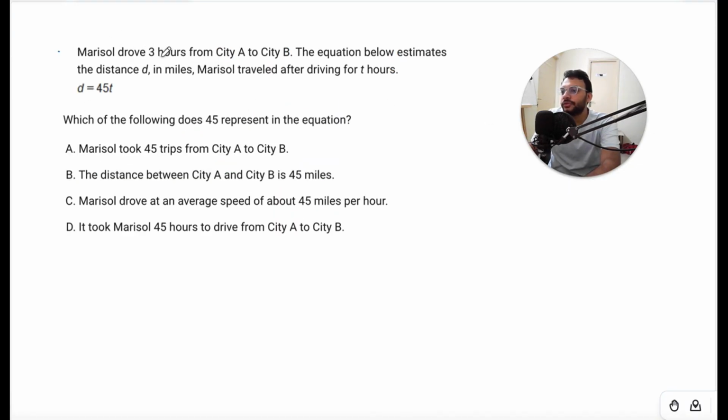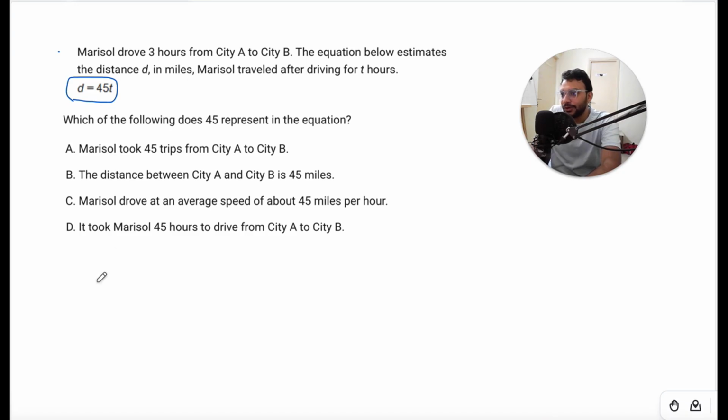Marisol drove 3 hours from city A to city B. The equation below estimates the distance d in miles Marisol traveled after driving for t hours. D is 45 times t. So the distance traveled in miles in t hours is 45t. Which of the following does 45 represent in the equation?